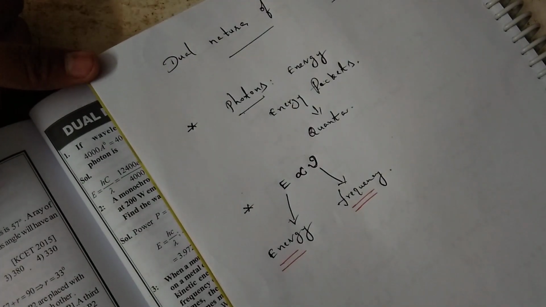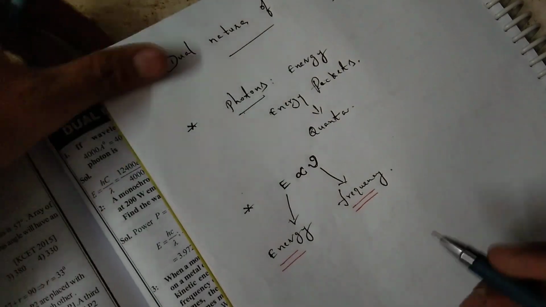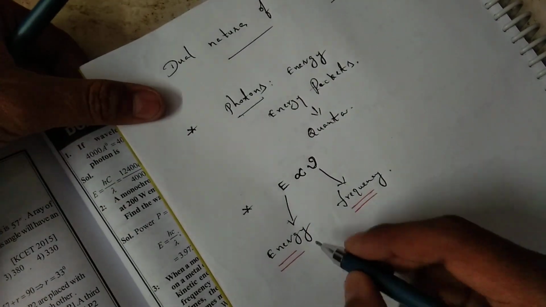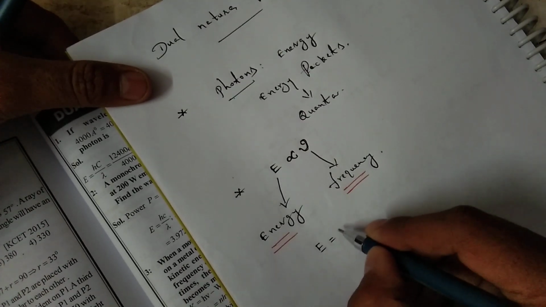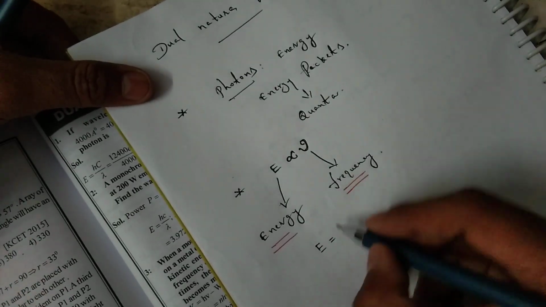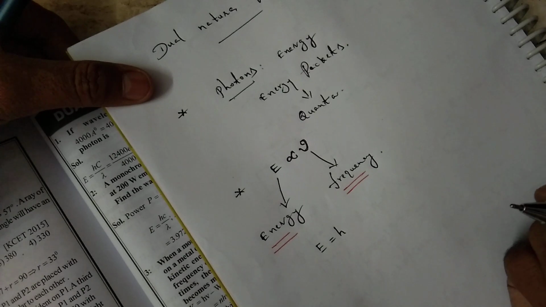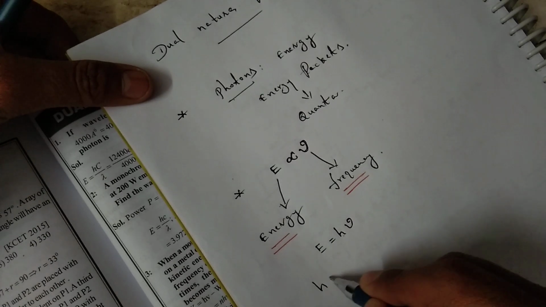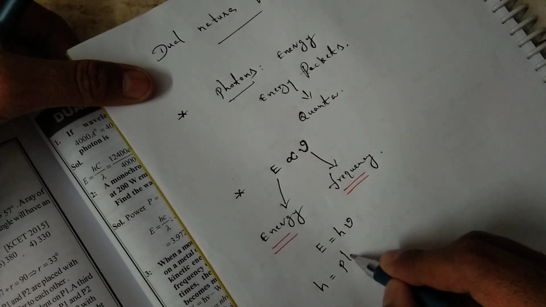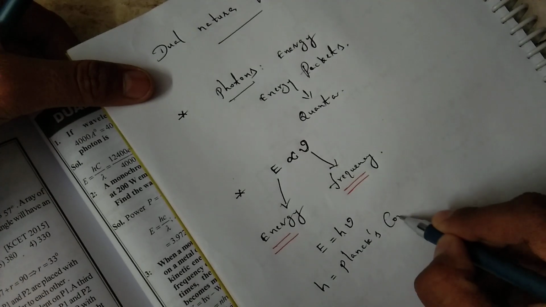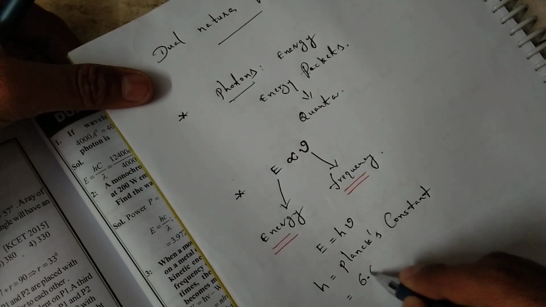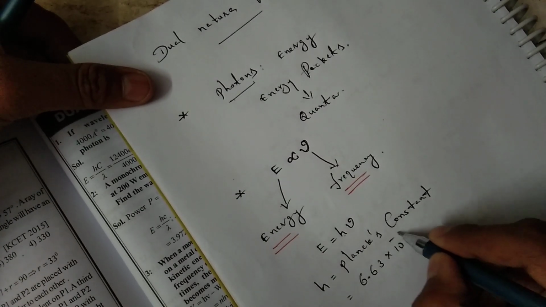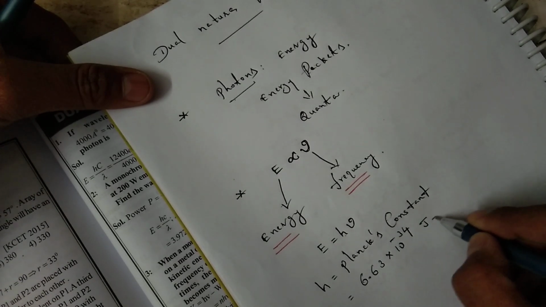Once one quantity is proportional, then immediately we take E is equal to, remove the proportionality and keep a constant. That is E equals h nu. Now h is equal to Planck's constant and its value is 6.63 into 10 power minus 34 joule second.